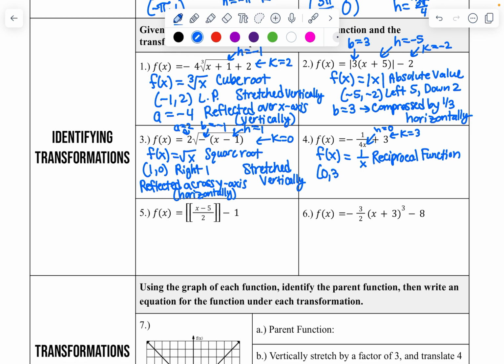So locator point is 0, 3. For these graphs, remember that's the intersection of the asymptotes. So it would have moved up 3. And then there's a couple of different ways that you could look at this. I'm going to say it's the a value. You could also think of it as the b value. So an a value of -1/4 means that it would be reflected vertically.